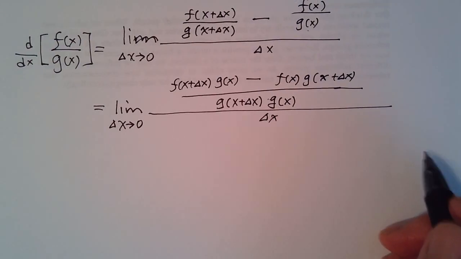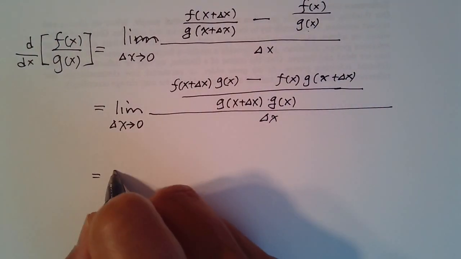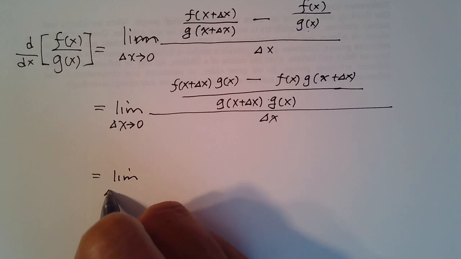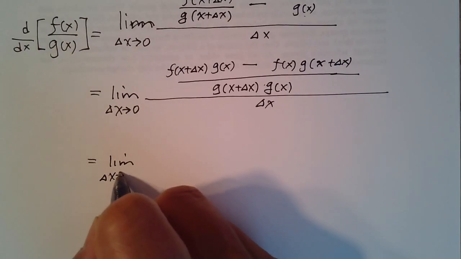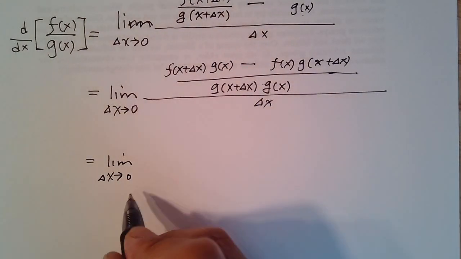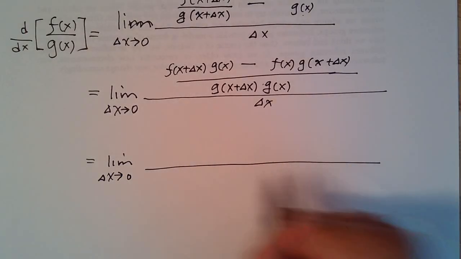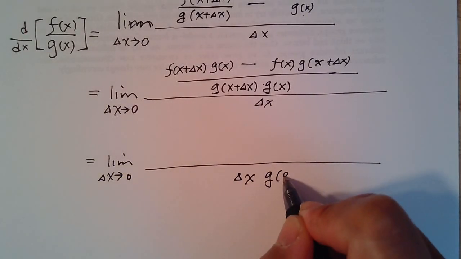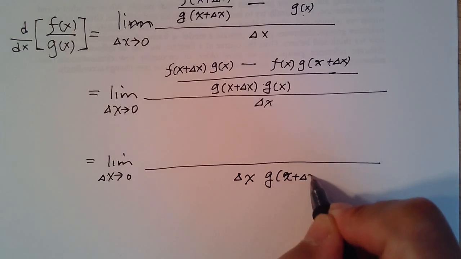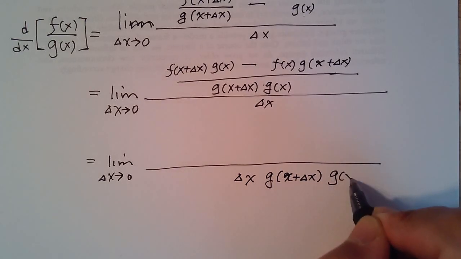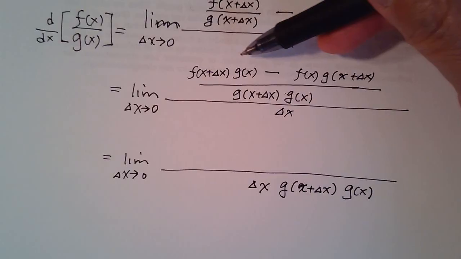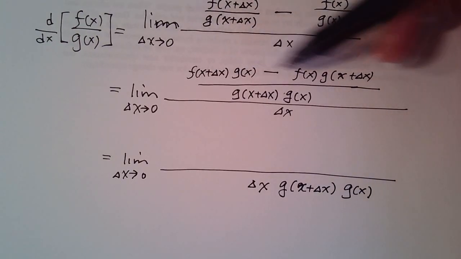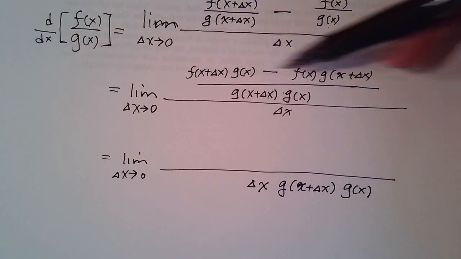So far, so good. All right, now I get the limit delta x approaches 0. I bring this down because that's the denominator. So that is delta x g of x plus delta x g of x. And then this is the numerator, but it seems like there's really nothing we can cancel if we just keep it like that.